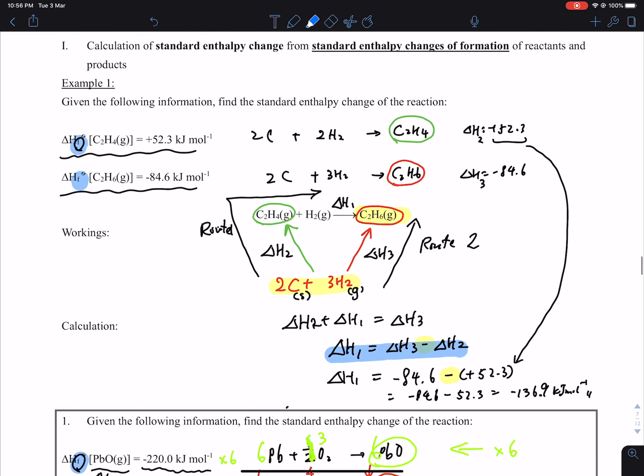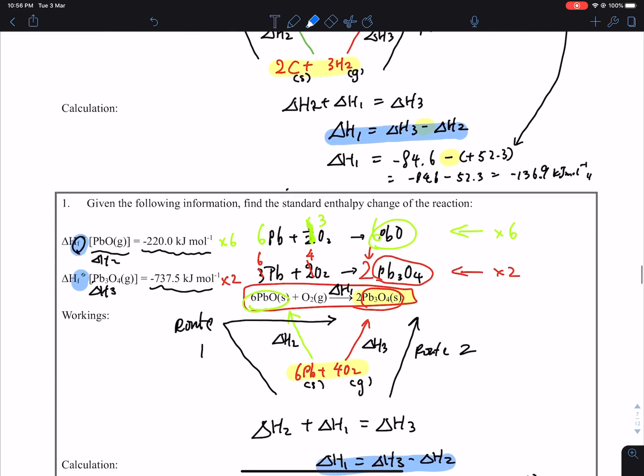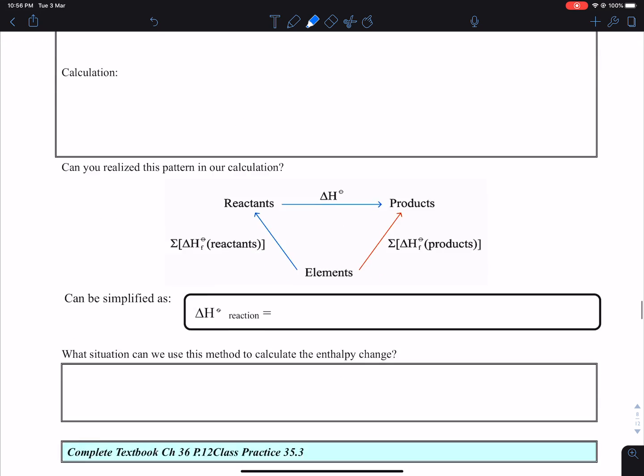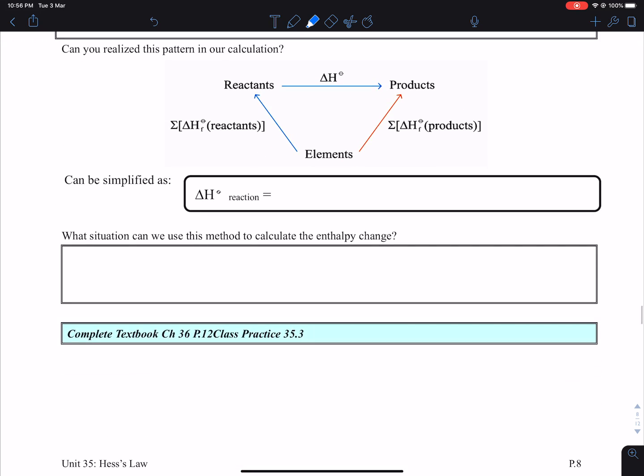Over here, the same, you can use the formation of C2H6, the product, minus the formation of the reactant, C2H4. So actually, this becomes a very, very useful equation for the calculations. So we get this one.